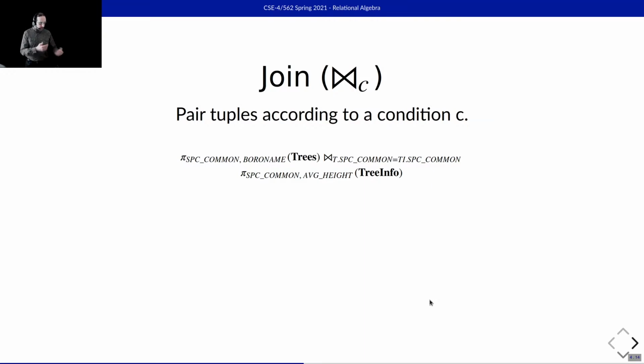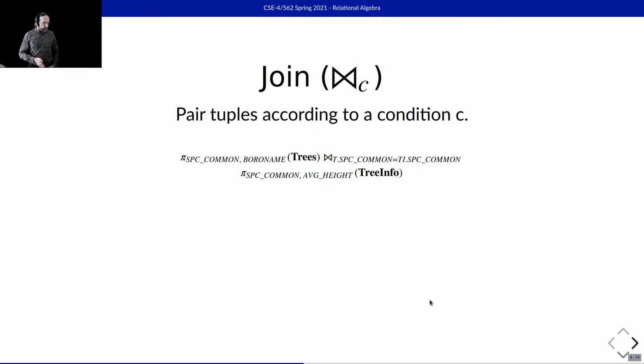For example, in this particular case, it doesn't really make sense to pair up all of the trees with all of the bits of tree info. What I'm actually more likely asking for here is pairing up all of the trees with a lookup of the tree info for the corresponding tree. And I can express that by applying a specific variant of a Cartesian product, more commonly called a join.